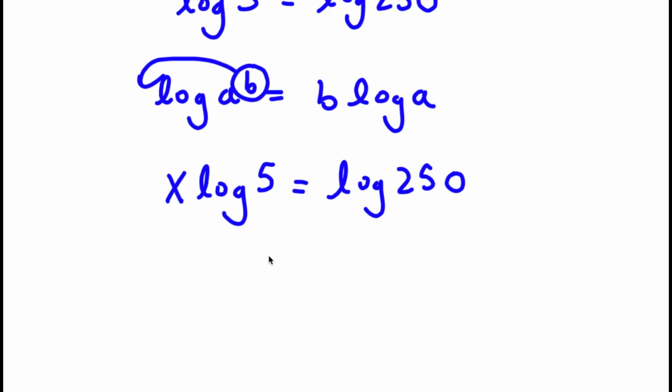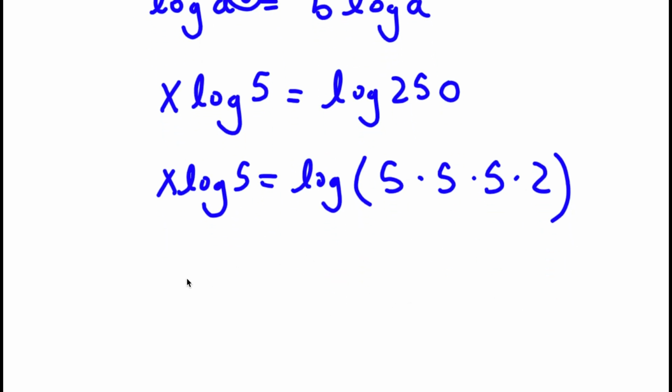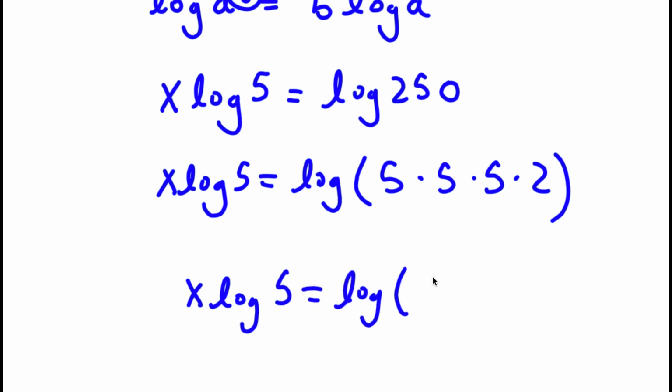So 250, that's the same thing as 5 times 5 times 5 times 2. And 5 times 5 times 5, I can rewrite that as 5 to the power of 3 times 2.